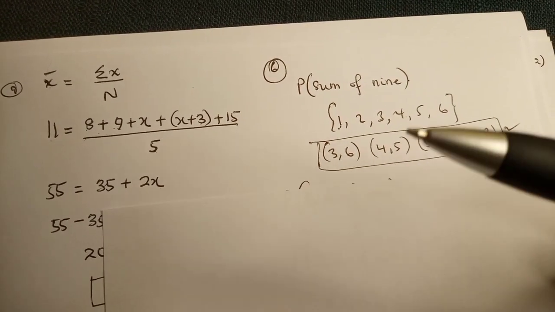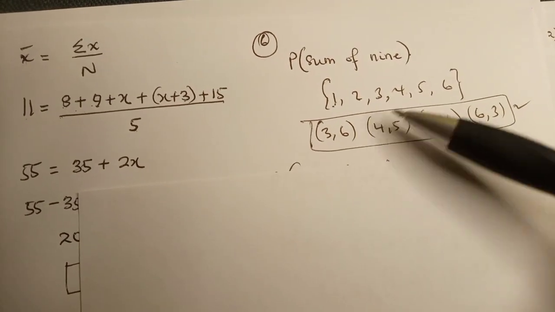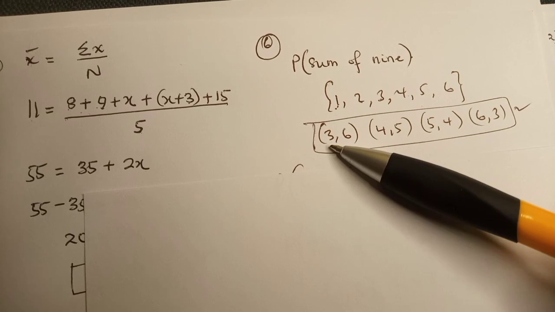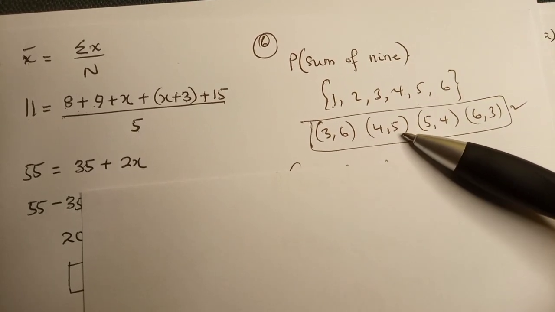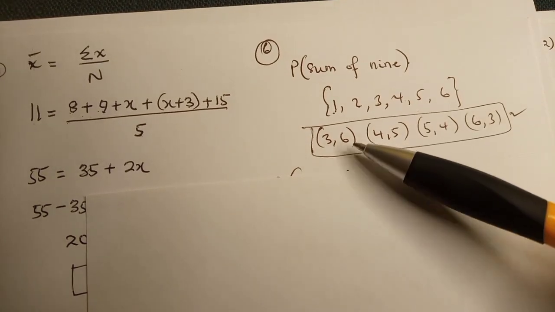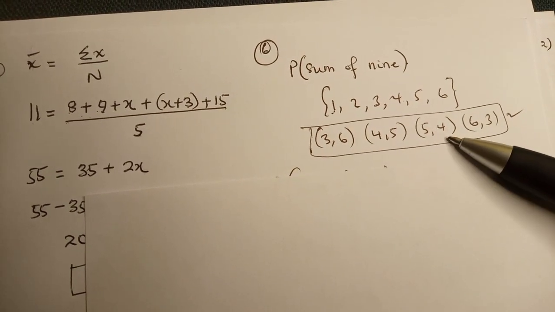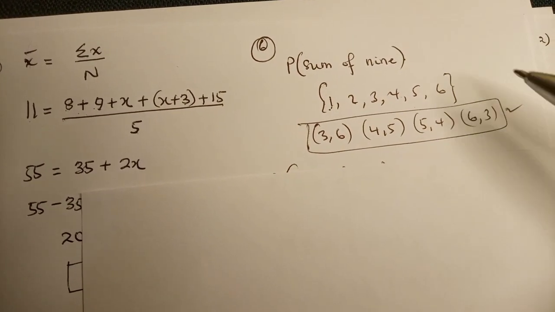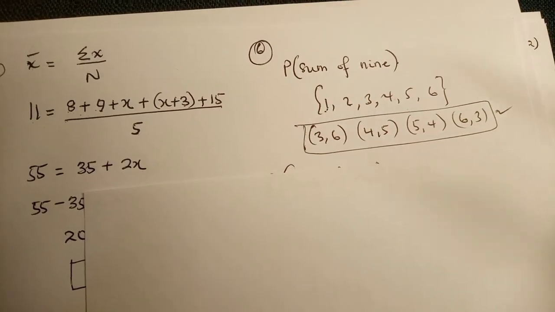We need the outcomes that give us 9: 3 and 6, 4 and 5, 5 and 4, 6 and 3, and that is it. So there are 4 possible outcomes.